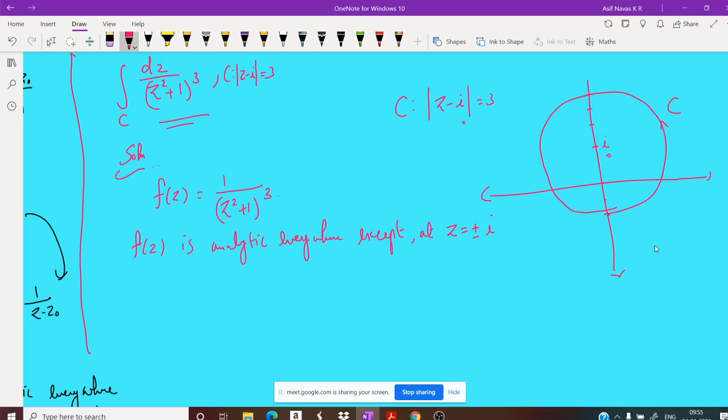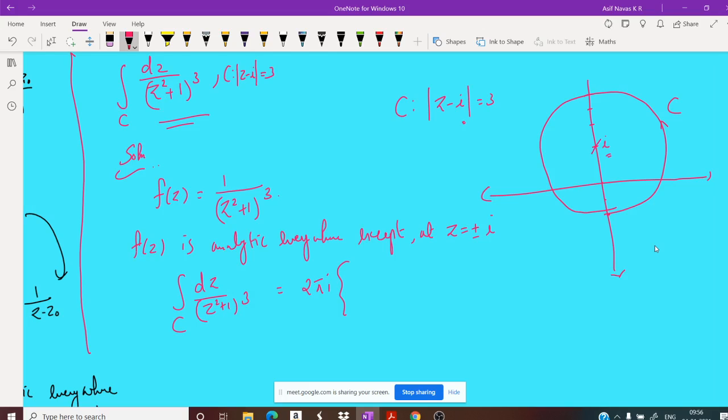Now, we know that the integral over C of dz by z square plus 1 all cube is equal to, by the residue theorem, 2 pi i into the sum of residues. So now you have to check whether plus or minus i is inside.